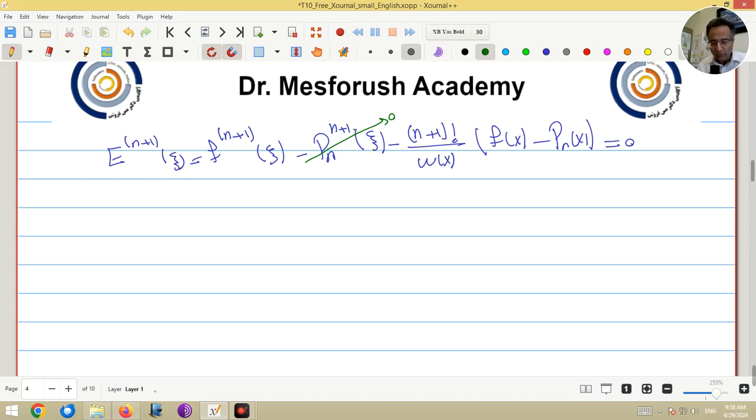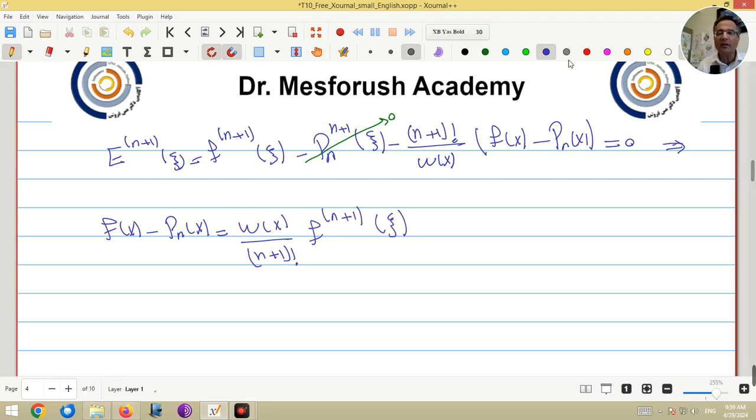So it just remains that f of x minus Pn of x is equal to, moving this term to the right hand side and multiplying, w of x over (n+1) factorial times f^(n+1) at xc, and this completes the proof.